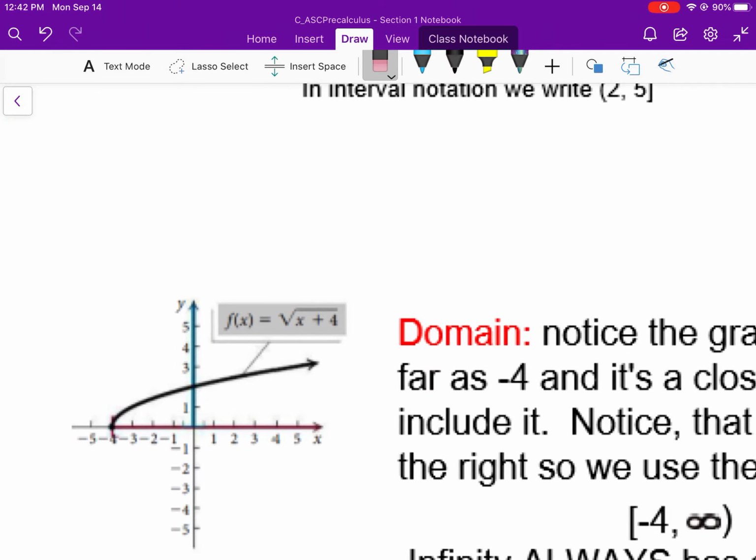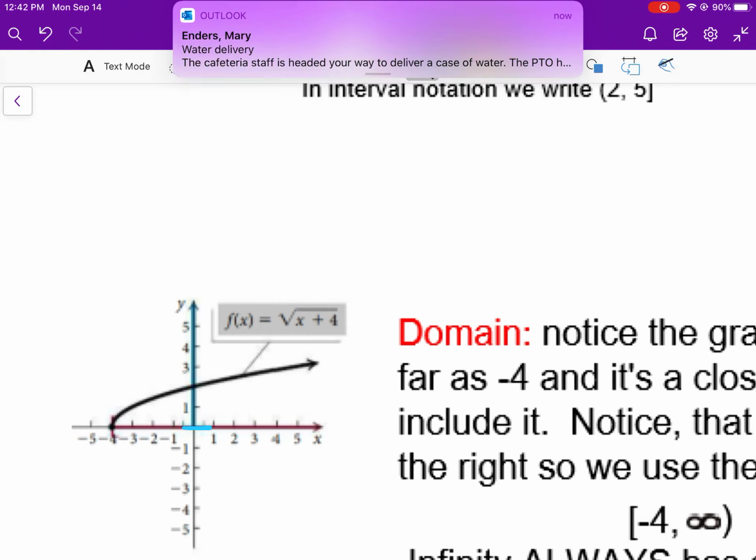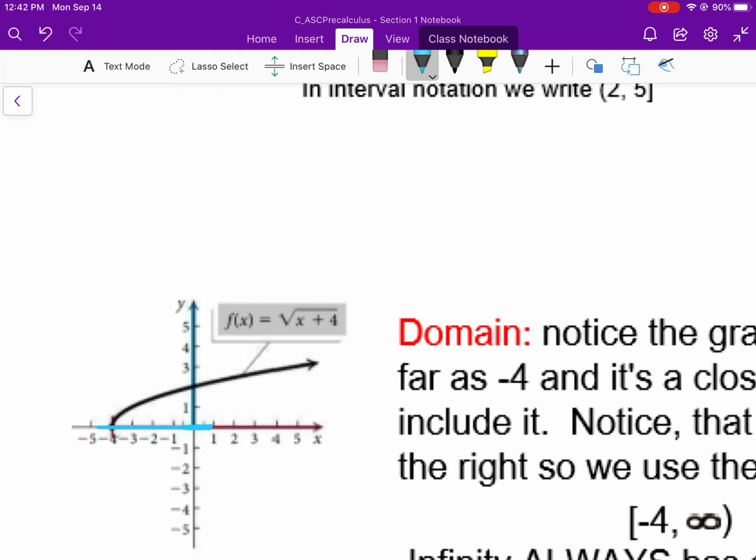The same way here, I'll do the range first because I got my blue marker up. Notice it starts down here at 0, right? That's the smallest. And then it's going to keep going up and up and up because of this arrow. It doesn't go up very fast, but it keeps going. So we might have written the range as y is greater than or equal to 0, because it starts at 0.